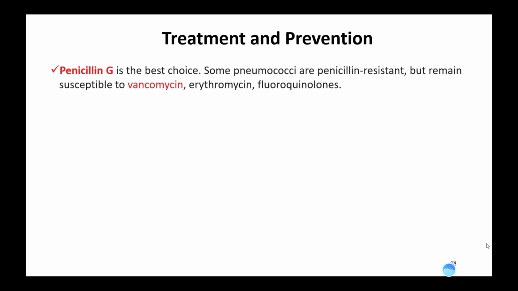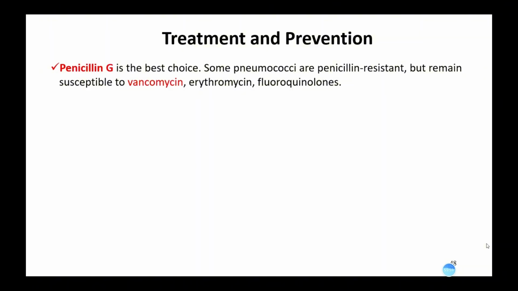To treat this infection, penicillin G is again the first choice, the first line of antibiotic. And if some isolate is resistant to penicillin G, you can try other antibiotics such as vancomycin. And it's important to prevent Streptococcus pneumonia infection.